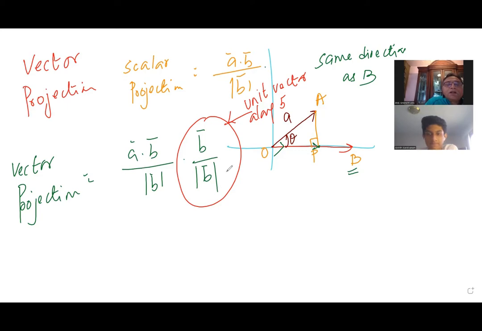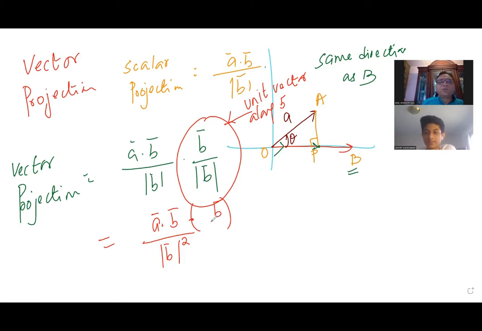Now, can you rearrange and write it? So it is basically A dot B times B over magnitude of B squared. It is basically a scalar multiple of B divided by B squared. This is not a dot product, it is a scalar multiple.